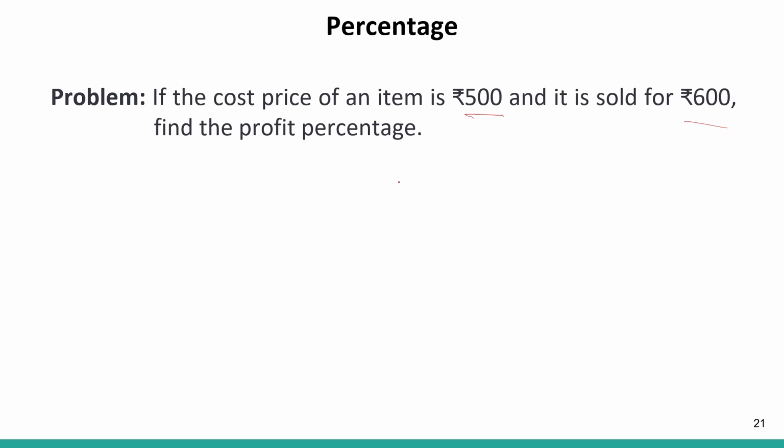So profit percentage is equal to the change in value, that is 100, by the original price, that is 500, into 100. So 1 by 5, 20, is equal to 20% increase.